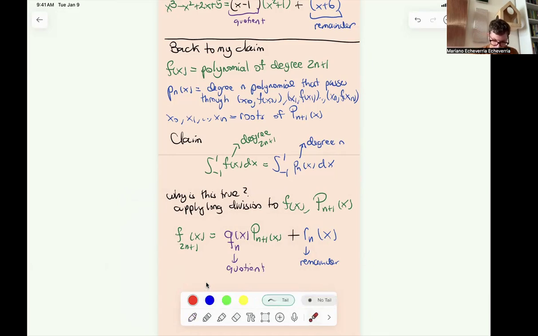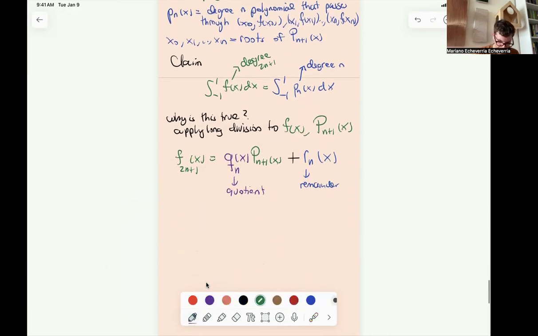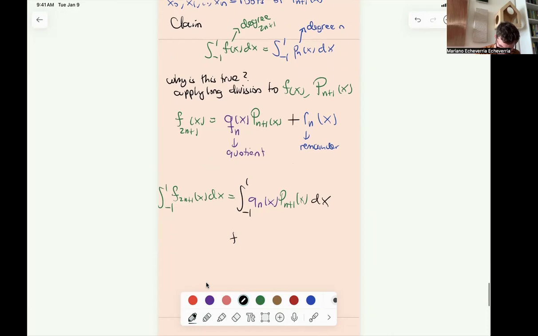Okay, so we're trying to compare these two integrals. So let's use this equation to integrate from -1 to 1. If you integrate this from -1 to 1, that's the integral from -1 to 1 of Qn of x times Pn plus 1 of x dx plus the integral from -1 to 1 of Rn of x.